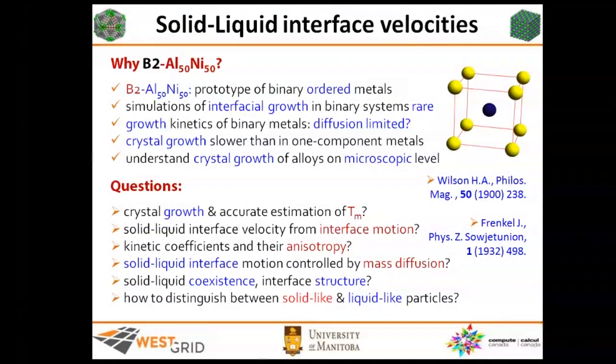Now, if we use a system with two phases, we have a crystal in the middle surrounded by the liquid. So we have a solid-liquid interface. If we use this simulation, we can have access to melting temperature. We can also have access to solid-liquid interface velocity.